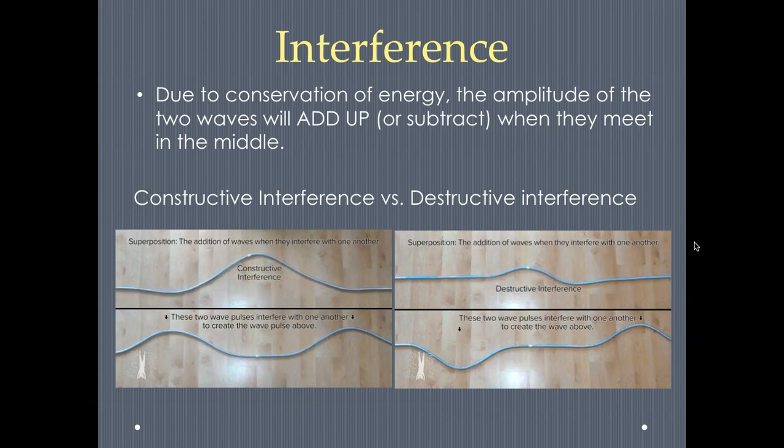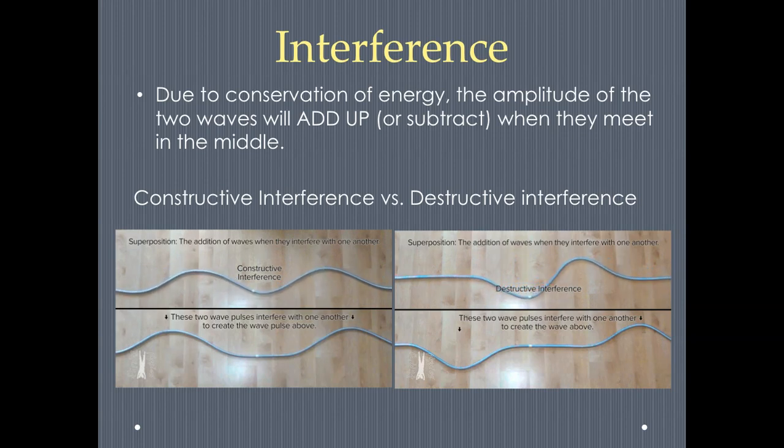Here's one on the bottom, that's a trough, and the one on the top was a crest. That's what I mean, where the wave pulses on each side, one on the left, one on the right, start on opposite sides. One's above the equilibrium with a crest, one's a trough. And so what happens is when they come towards each other, like right here, you can kind of think of it as the waves are canceling out, but that's not truly what's happening.